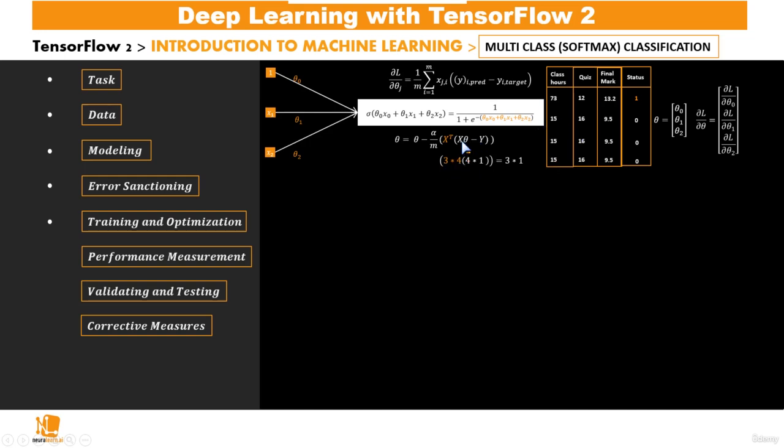Then x theta minus y: obviously x theta and y have the same dimension, so it suffices to just take the dimension of y. Now the dimension of y is 4 by 1, because we have 4 data points, each having just one column. So in this case we have 3 times 4 times 4 times 1, giving us 3 times 1, which coincides with what we had said initially.